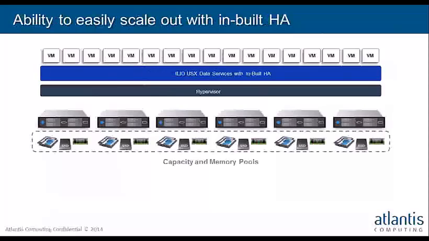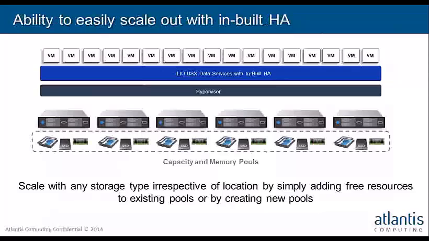It's as simple as just extending the data service layer, ILIO USX layer, and creating either new pools or adding free resources to existing pools. So you can scale with any type of storage, irrespective of location, by simply adding free resources to existing pools or by creating new pools.